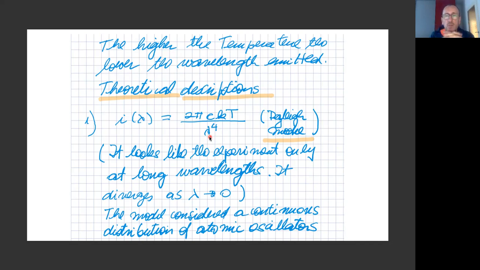That's a good classical mechanical argument, but it produces something that doesn't fit the actual experiment.